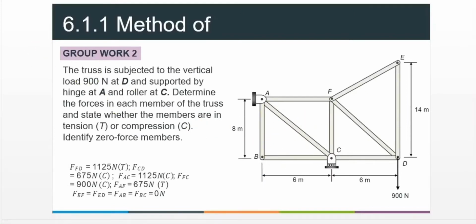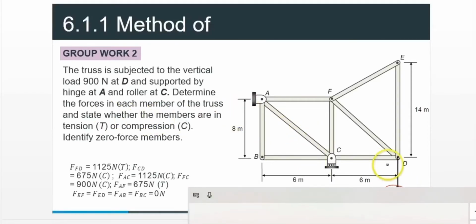And then this is group work number 2. So this is the answer also. The question is almost similar, which we need to find support lah at D, and then hinge at A, and roller at C. So bila ada roller tu, maksudnya dekat C tu cuma ada satu je reaction force dia ke atas.